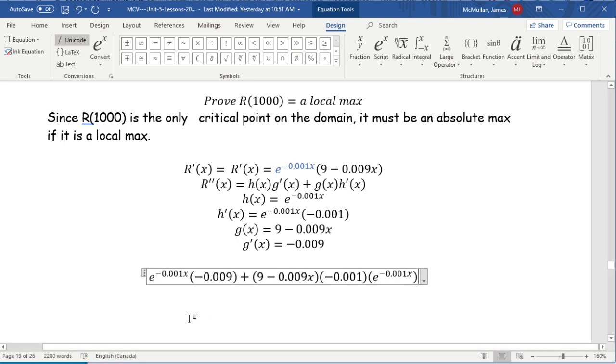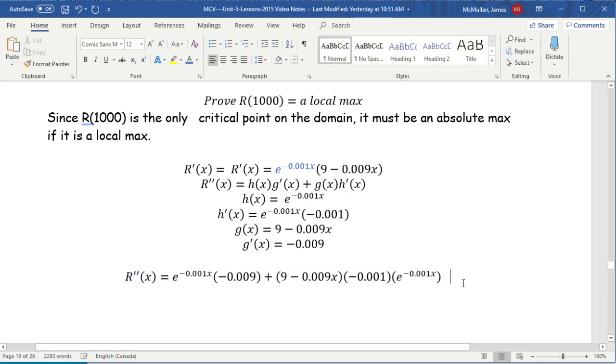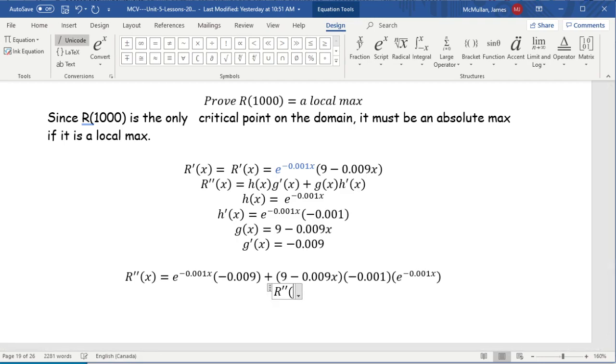Okay, so all of that. So this is r double prime. To finish this off, I just need to sub in r double prime of 1000 and see what I get.